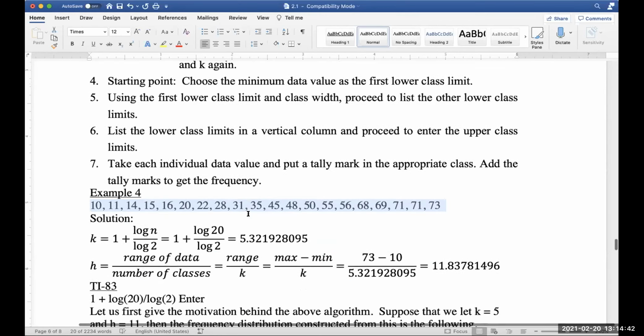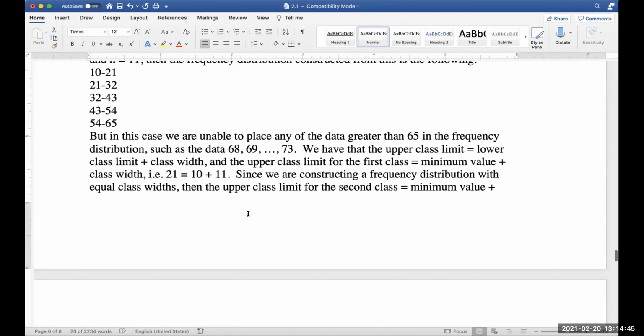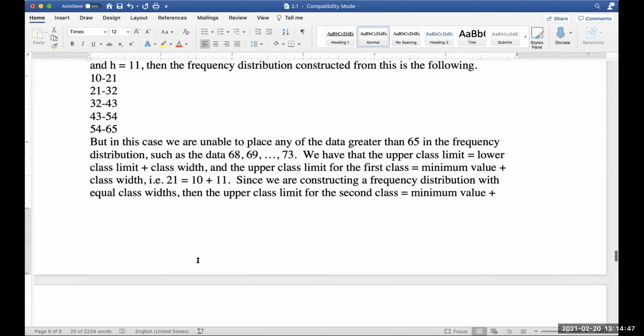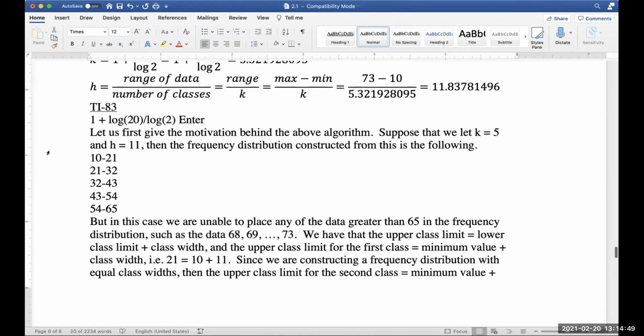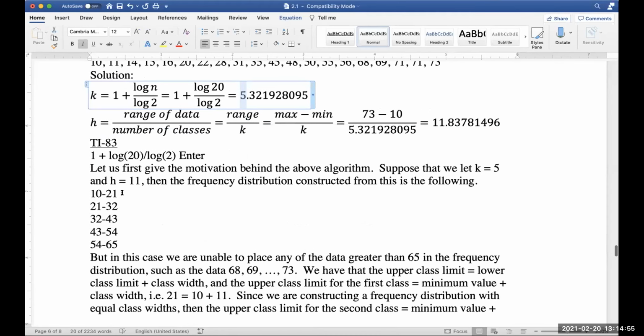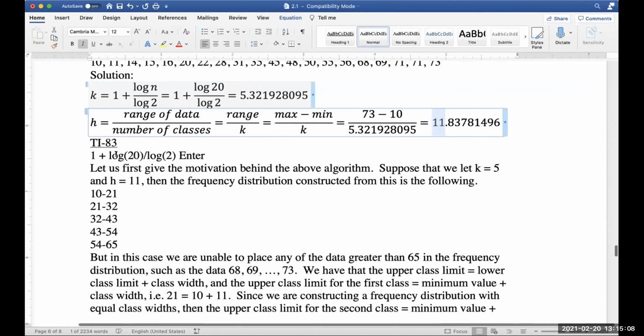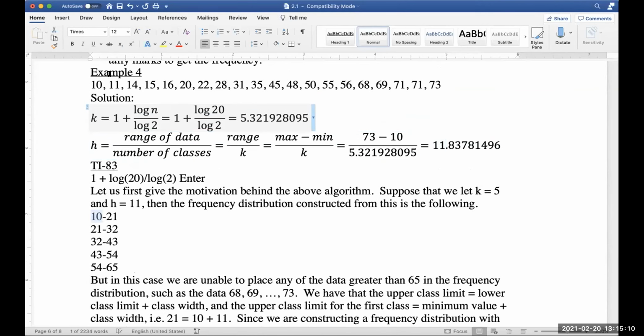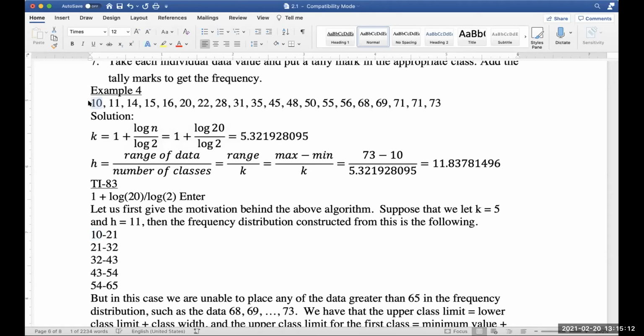So let's see what that says. Suppose we were that lucky that we said, oh, we want 5 classes, 1, 2, 3, 4, 5 classes of class width 11. Let's see what this would mean. Well, where do you start? You start at the smallest value.